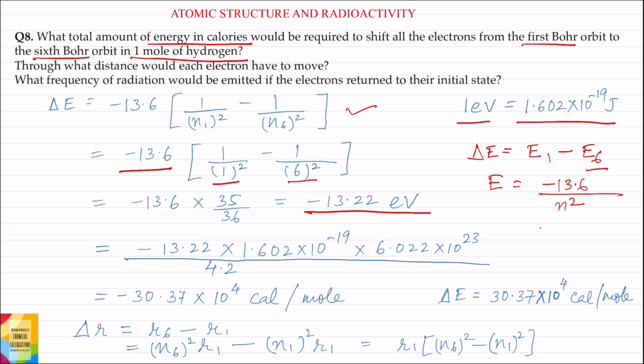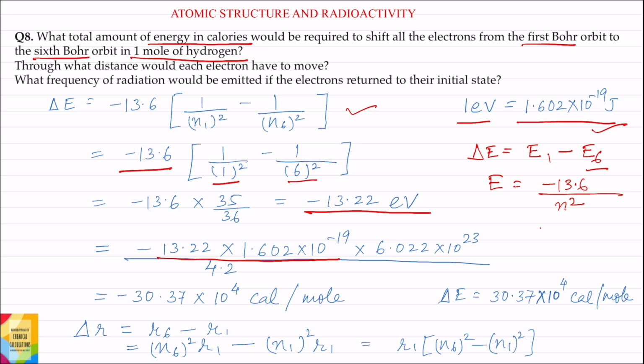Now this is in electron volts, so first of all we will change it into joules. To change into joules, we will multiply it by 1.602 into 10 to the power minus 19. So the value of energy in joules will be minus 13.22 into 1.602 into 10 to the power minus 19. Now this energy is the energy of the electron in one hydrogen atom, and the atomic number of hydrogen is 1, so every hydrogen atom contains 1 electron.